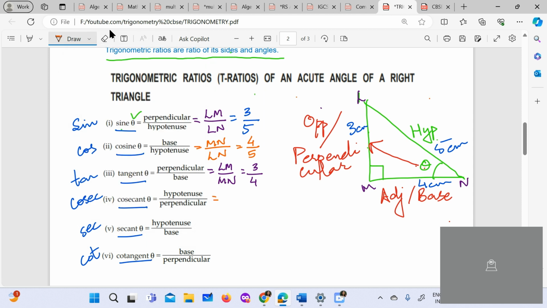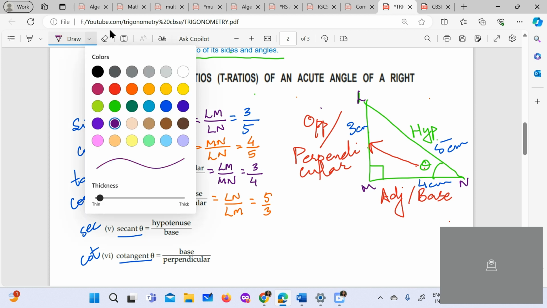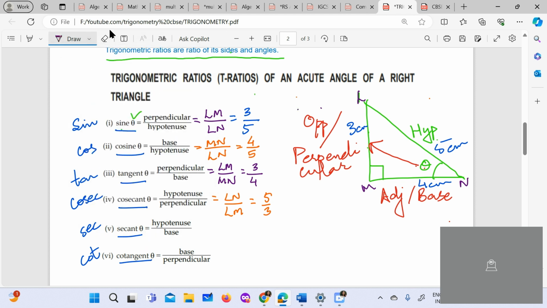Then cosecant is hypotenuse upon perpendicular. What is the hypotenuse here? LN. I will write this and then LM. Now let's write the values. That gives us 5 over 3. And now we have secant, that is hypotenuse upon base. So hypotenuse is LN and base is MN.